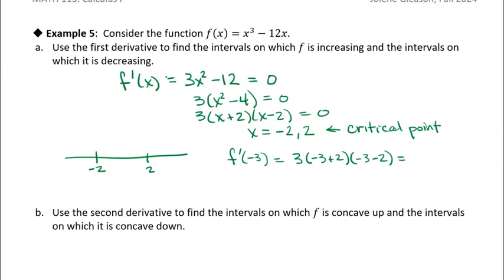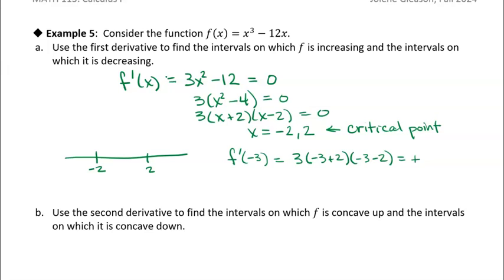I'm only trying to figure out if the derivative is positive or negative on that interval, so I just picked a test point. I don't care what the number is. All I know is it's 3 times a negative number times a negative number, so I'll get something positive.